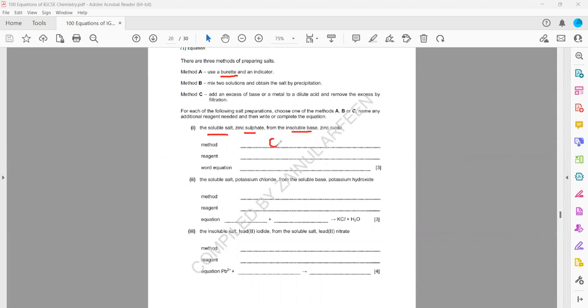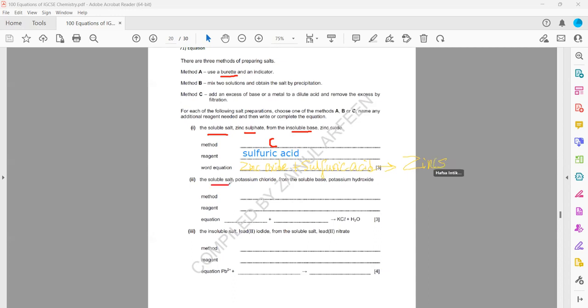Method C. Because we add a base to an acid and remove the excess by filtration. Then which other chemical? If you want to produce a sulfate salt, it should be sulfuric acid. The word equation: zinc oxide plus sulfuric acid gives zinc sulfate plus water.